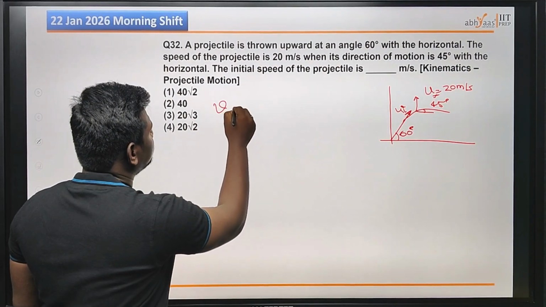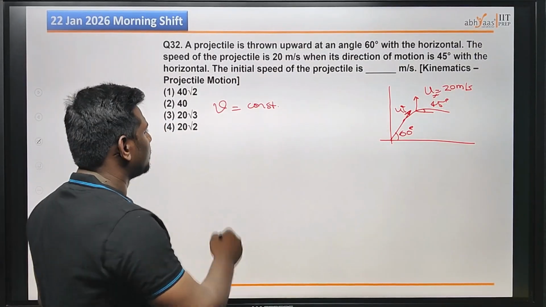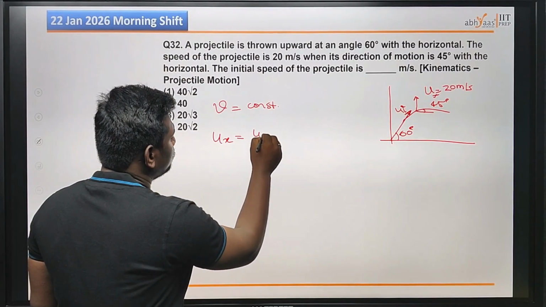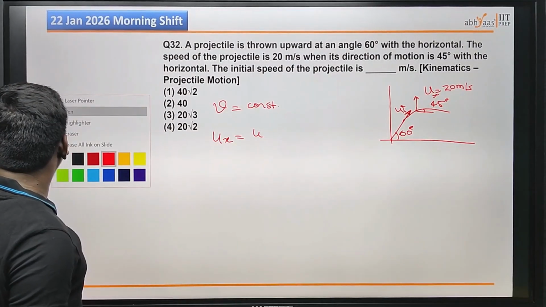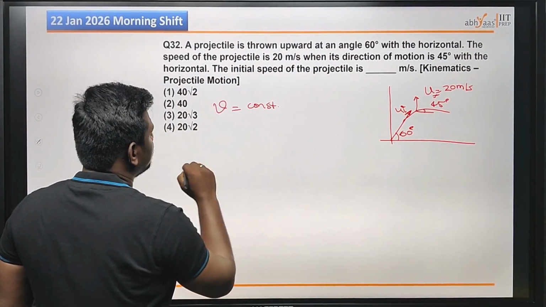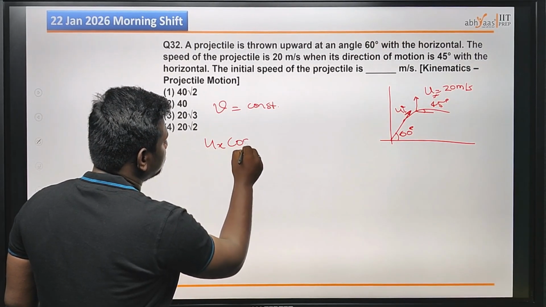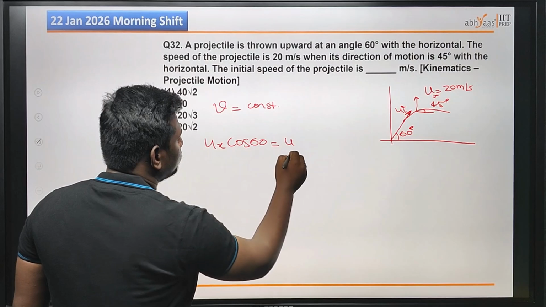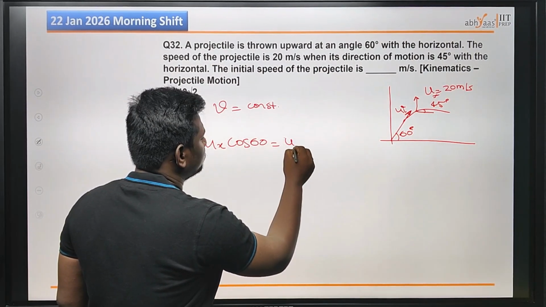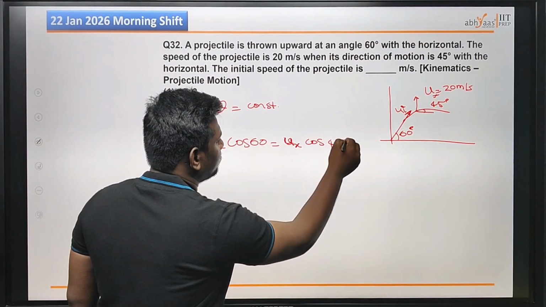So you can simply write u cos 60 equal to v cos 45 degrees.